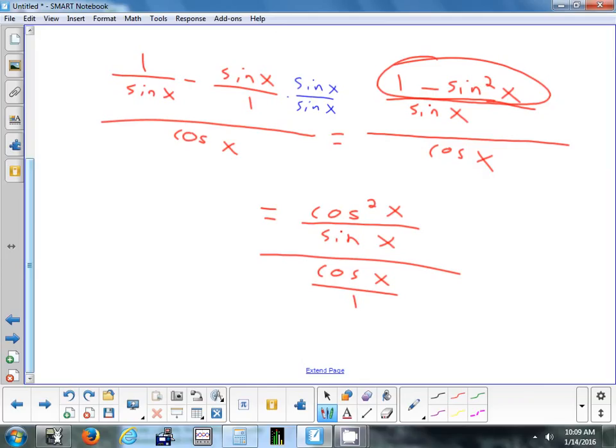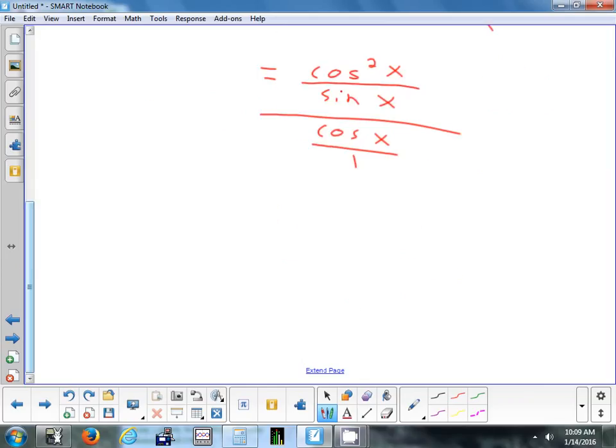So, like we've done before, instead of dividing a fraction by a fraction, let's keep the top the same and multiply by the reciprocal of what's in the bottom. So we have cosine squared over sine times 1 over cosine.